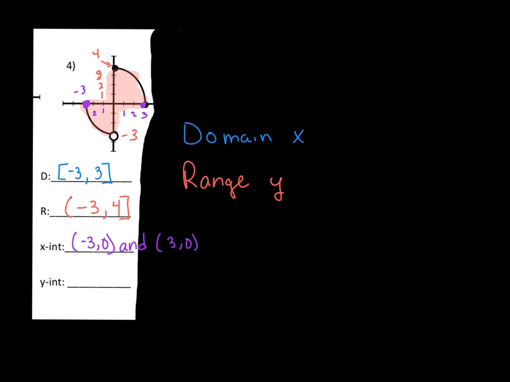Always write them as points. Now, for the y-intercept, it only happens right there, and again, I'm just going to call that 4. So that's going to be a 0 for the x value and +4.